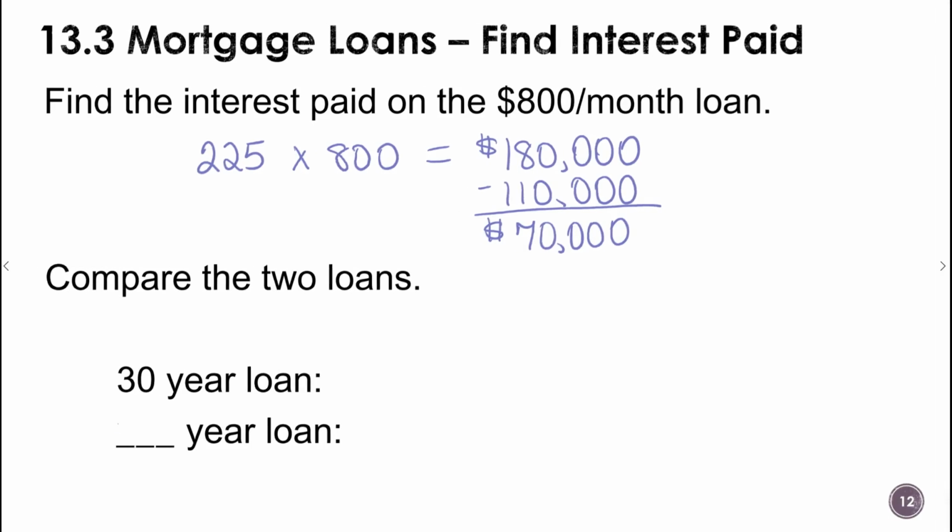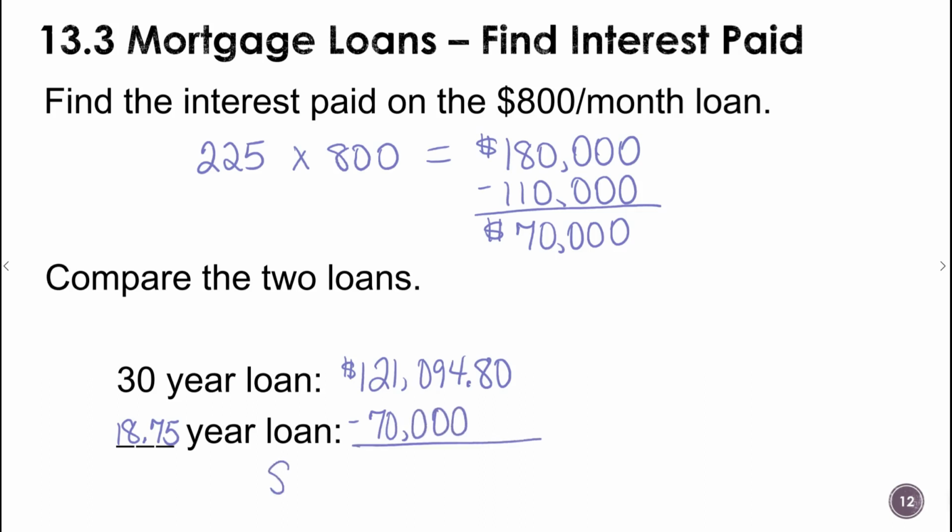So our 18.75 year loan is going to save us how much money here? All right, we're going to subtract the $70,000.